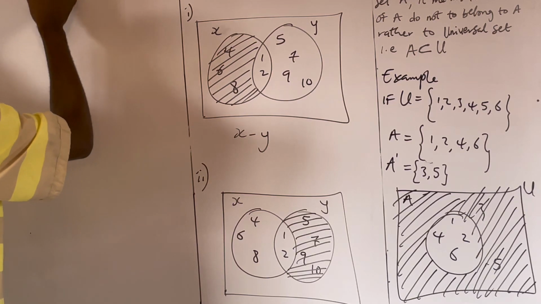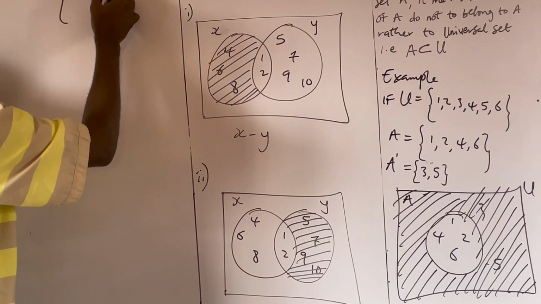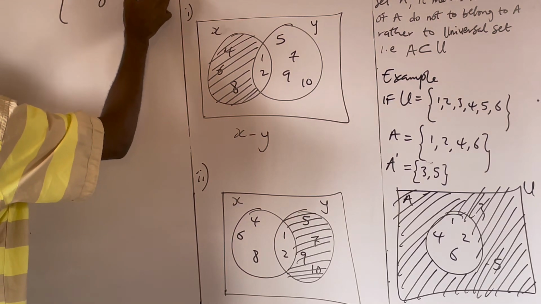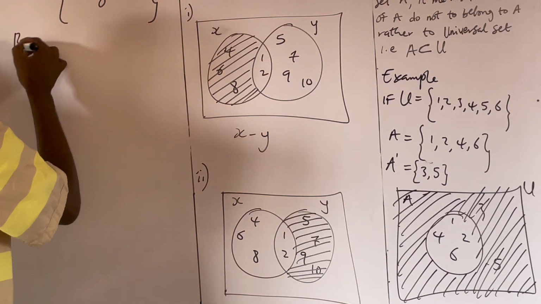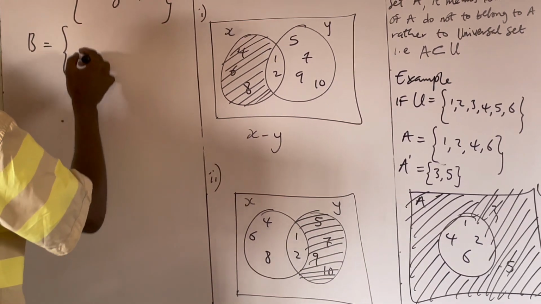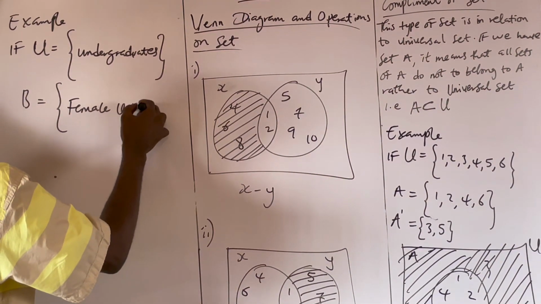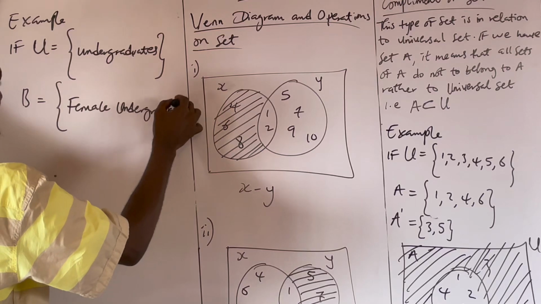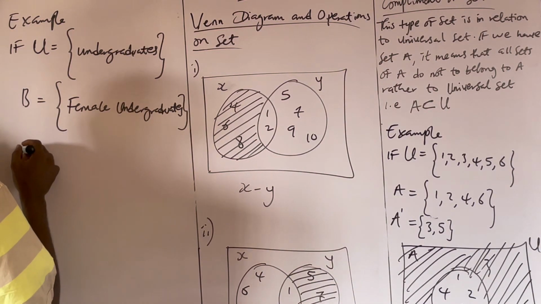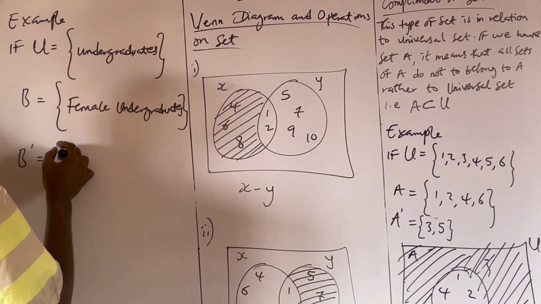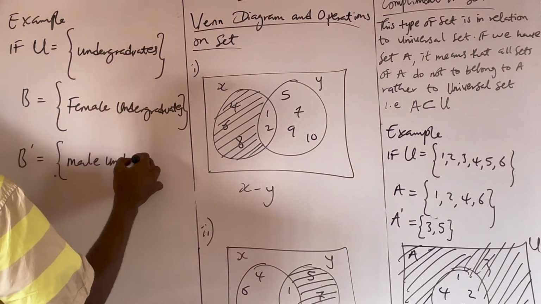If the universal set is equal to undergraduate, and B is equal to female undergraduate, so that means B complement will be equal to male undergraduate.